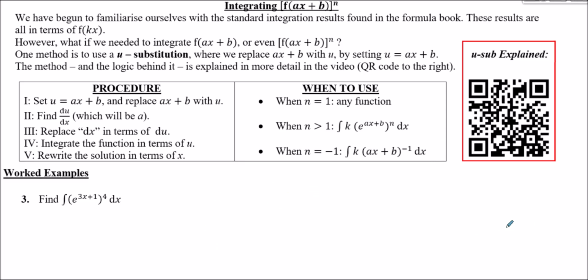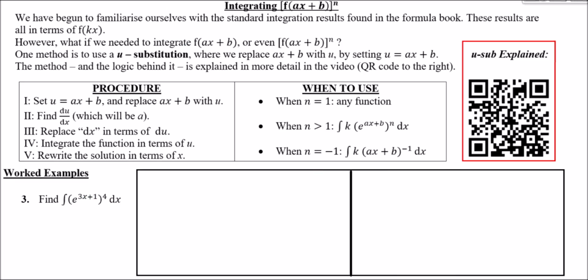Number 3. There's a couple of ways of doing this. How to integrate e to the 3x plus 1 all to the power 4 dx. I'll show you the slow way first, and then the quicker way. So, slow way first. I'm going to say that's the same as e to the u to the power 4 dx.